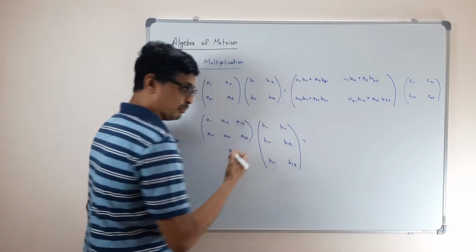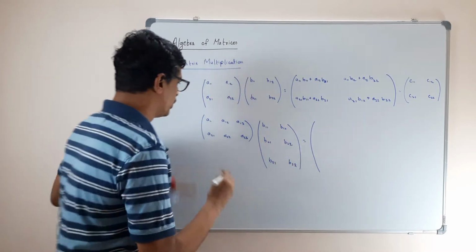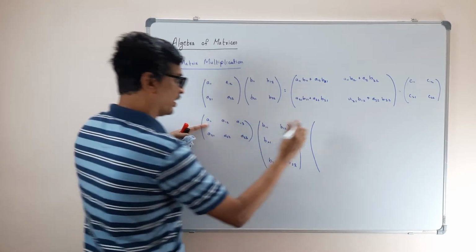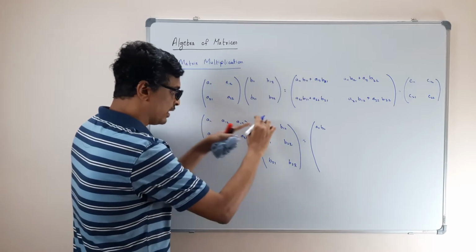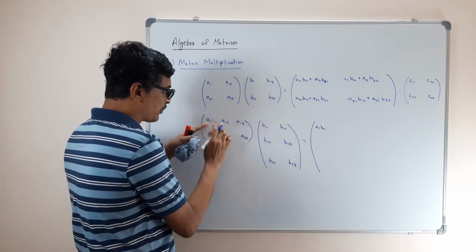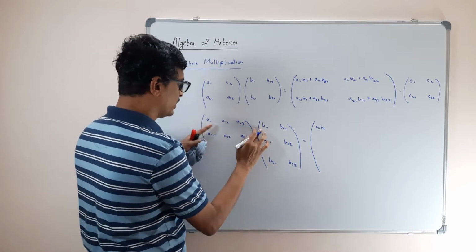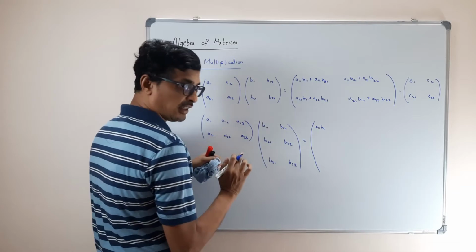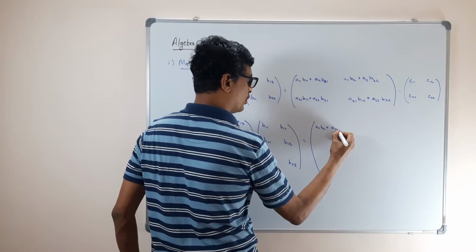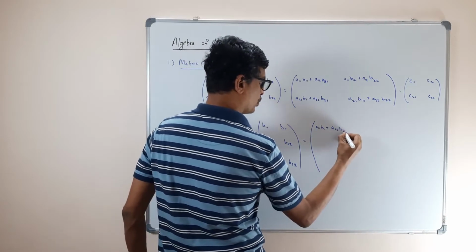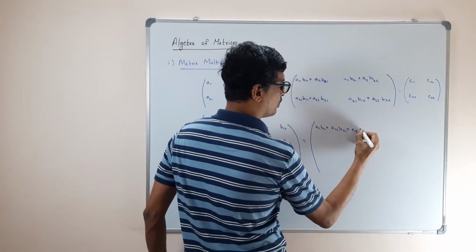You can still multiply them both. So what will you get? A11 B11, because of this row and this column. Easily you can see the number of elements is equal: 3 elements here, 3 elements there. So you multiply this on this, plus this and this, plus this and this. So plus A12 B21 plus A13 B31.